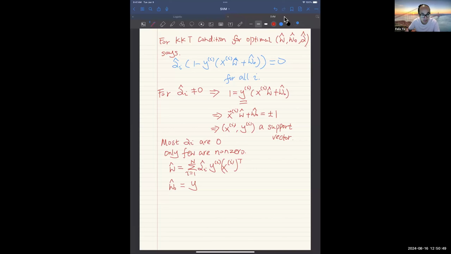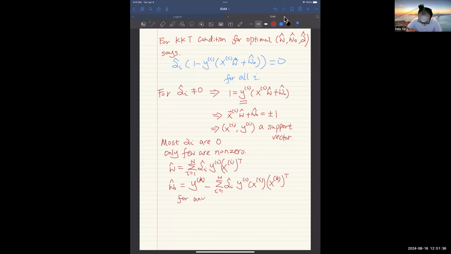You can pick any y_k that is on the support vector, subtract the summation of this whole thing over i, of x_i and x_k transpose. And it will be your w0 star.